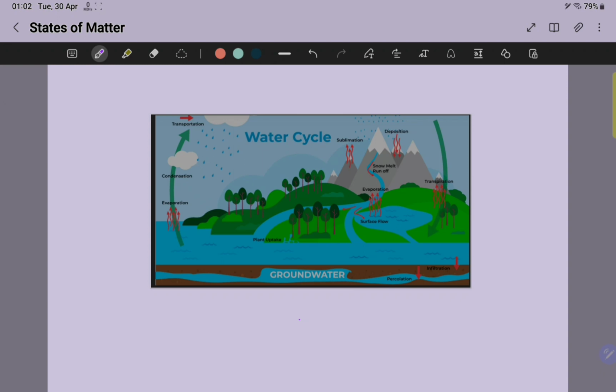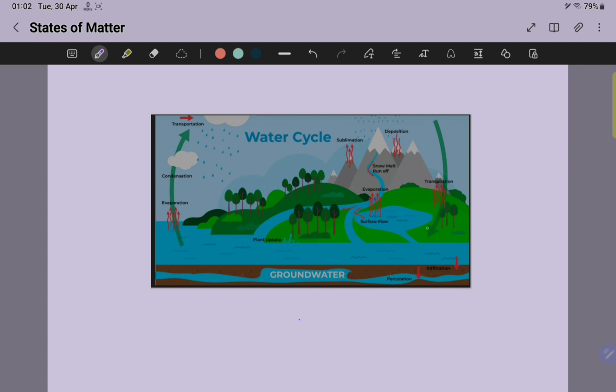Now, when these clouds become heavier in size, the rain comes down on the earth's surface in the form of precipitation and enters again into the water bodies and forms a layer of groundwater.